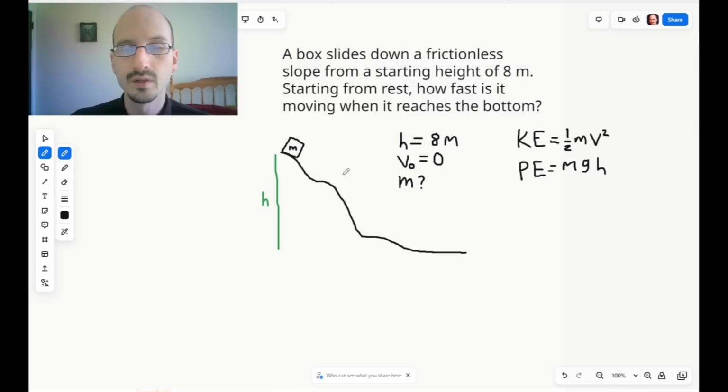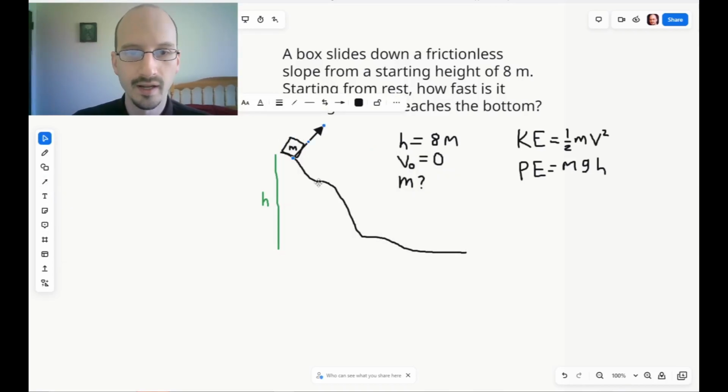So the reason we can use conservation of energy is even though we have a normal force here, the normal force is pushing away perpendicular from the ground, it's always pointing in the perpendicular direction to the motion. So the normal force will never contribute any work. It will never contribute to the conversion of energy.